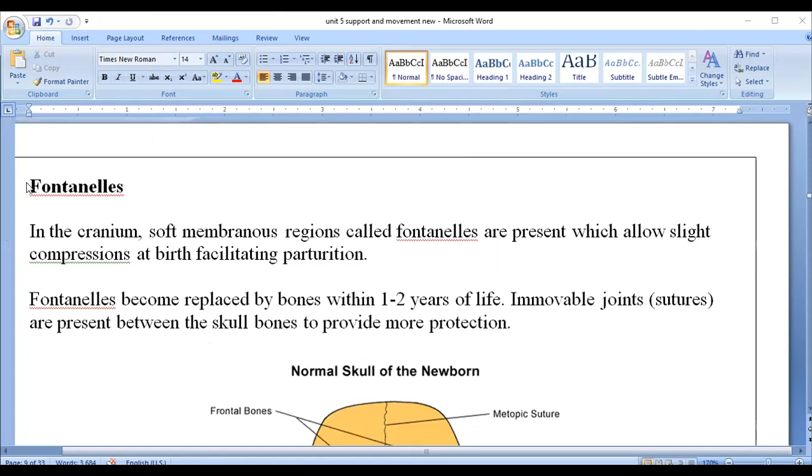Now we come to the next heading called, read this name, fontanelles.